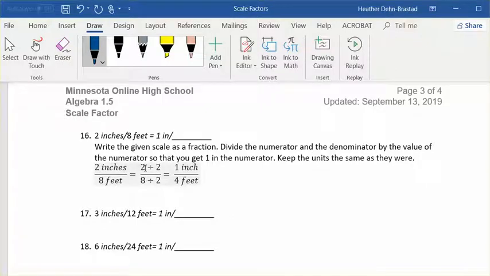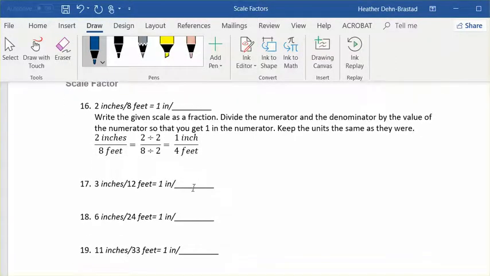You need to get the top number to equal 1. The numerator needs to be 1. So if it was 2, I need to divide both numerator and denominator by 2 to find the answer. That's all you have to do. And then put your units back in. So 2 inches over 8 feet is equal to 1 inch over 4 feet. All we're really doing is simplifying these fractions.